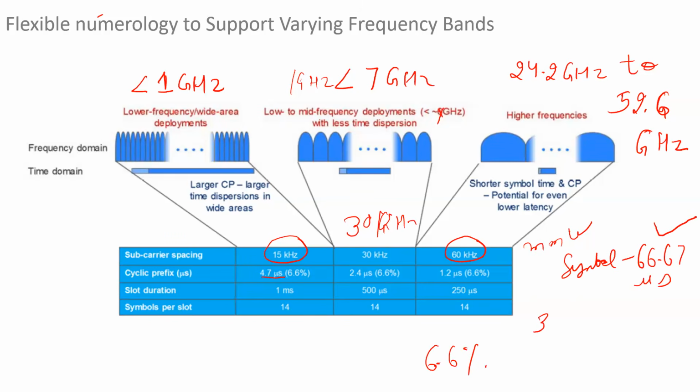In case of 30 kilohertz, our cyclic prefix will be 2.4 microseconds. In case of 60 kilohertz, our cyclic prefix will be 1.2 microseconds. But the slot duration will also reduce.